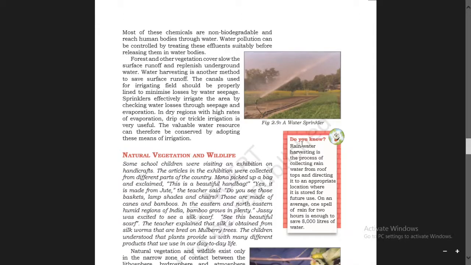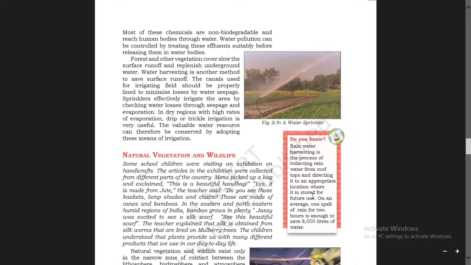Boys, towards the right side of the book, the right margin, do you know rainwater harvesting? Water harvesting, I told you there. See here, what is this? Rainwater harvesting is the process of collecting rainwater from rooftops and directing it to an appropriate location where it is stored for future use.